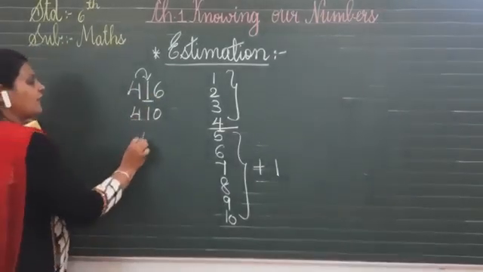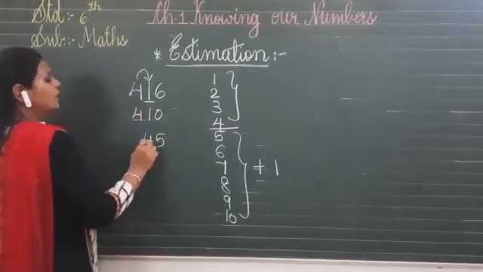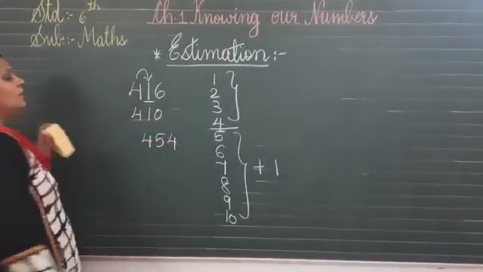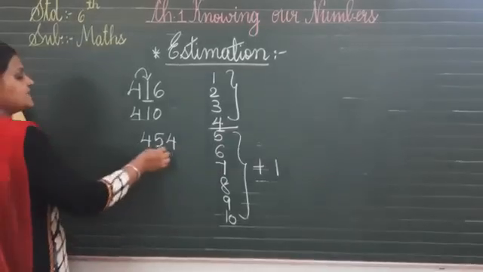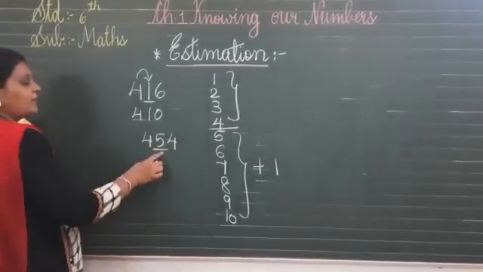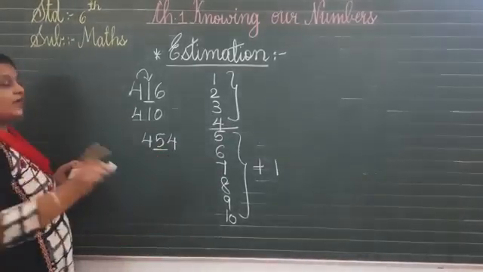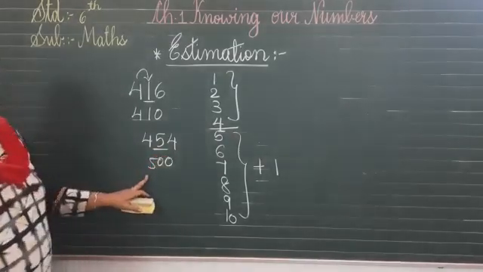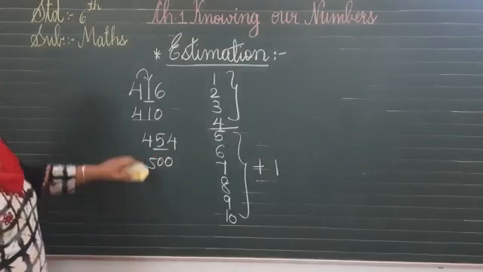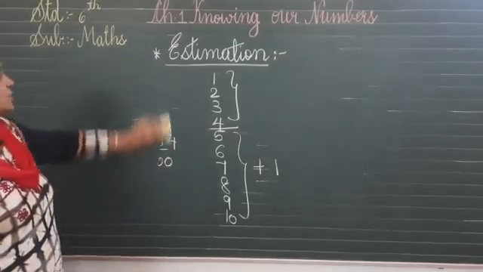Same way, if we have a number whose tens place is 5 or greater than 5, what will we do? We will add 1 to the hundreds digit. So the rounded number will be 500. Same way for thousands.